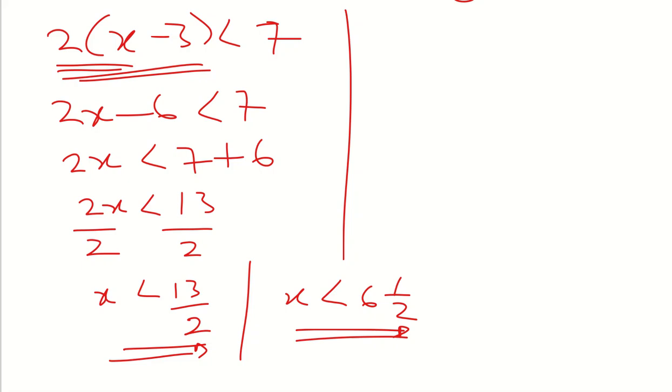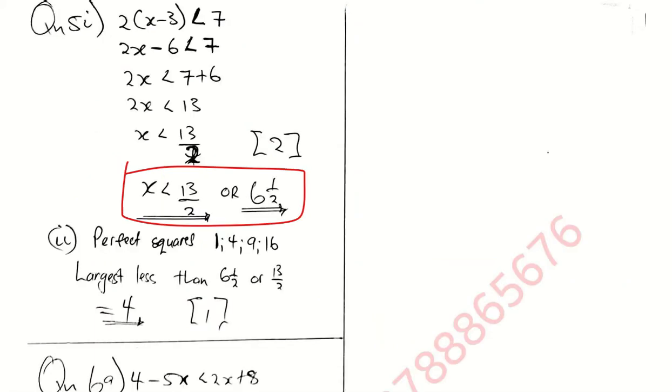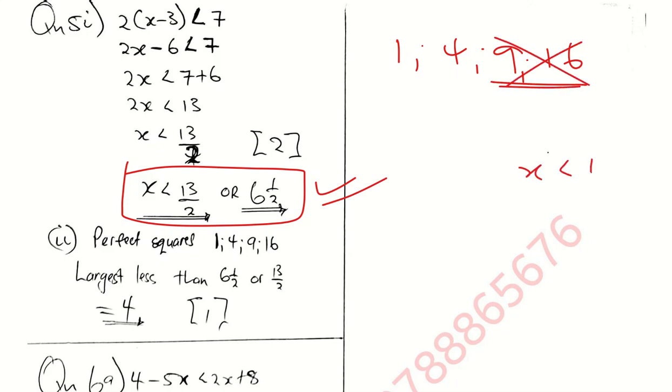So what you have to do first, or the working principle, is to write down the perfect squares from 0, or from 1, up to 6 and a half, which satisfy this inequality. The perfect squares we know, for example, are 1, 4, 9, then 16. Looking at 9 and 16, they are not in our range where x is less than 6 and a half.